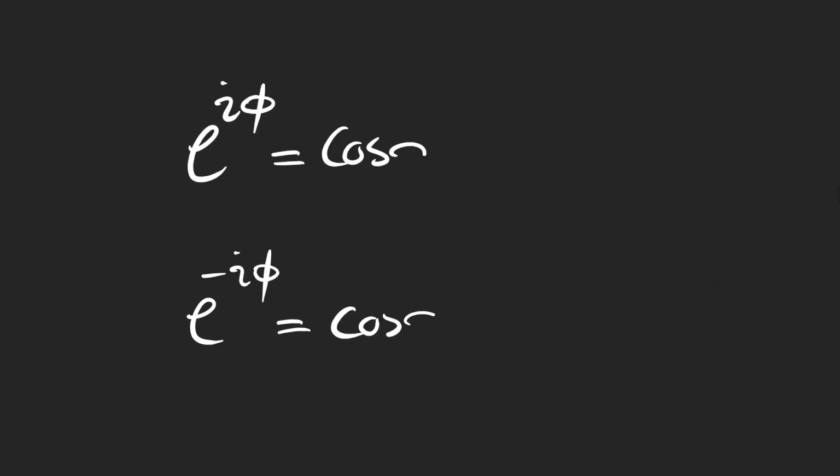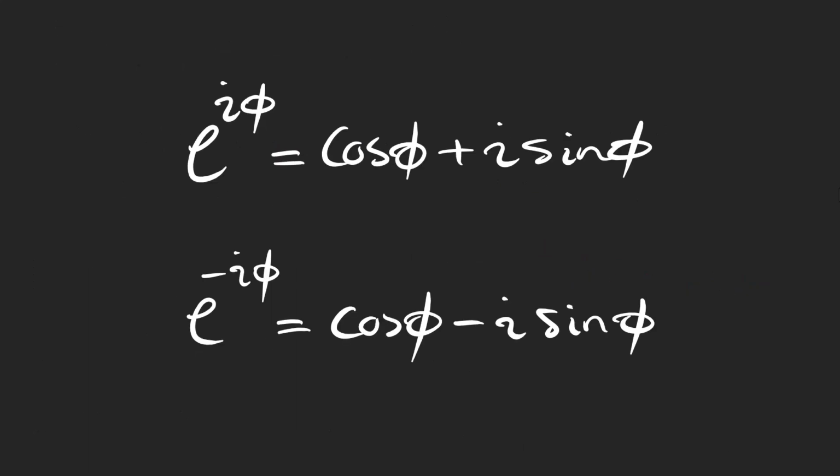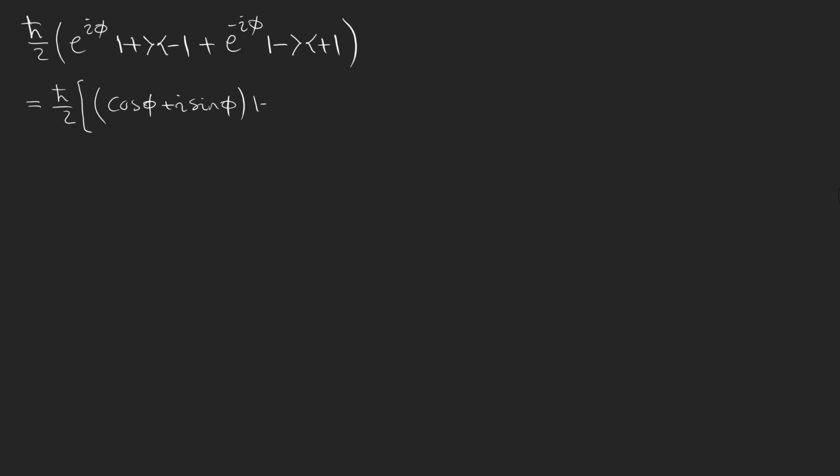Let me remind you that these two complex numbers you saw as the coefficients can be written like this using Euler's formula. So let's use the Euler's formula on this. We write e to the i phi as cosine phi plus i sine phi, and e to the minus i phi as cosine phi minus i sine of phi.